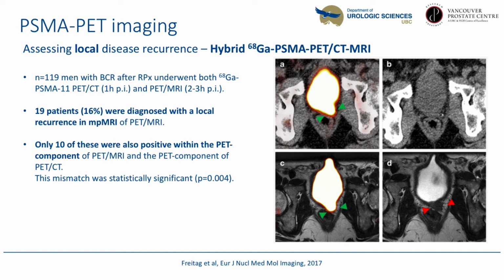Are you going to come back to PET MRI? Is that where this is going in the future? Is it better? Well, it's definitely better than gallium for local recurrence.